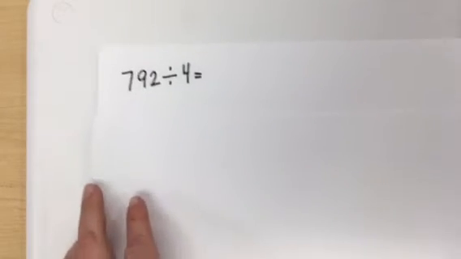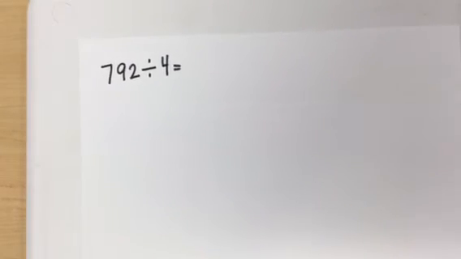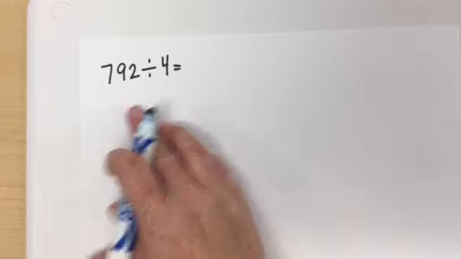Let me get my sheet over here. We're going to start with 792 divided by 4. In order to find an estimate of 792 divided by 4, the first step is we have to round the numbers.